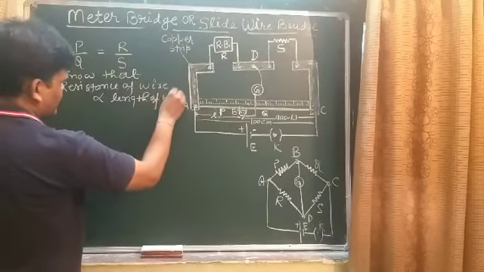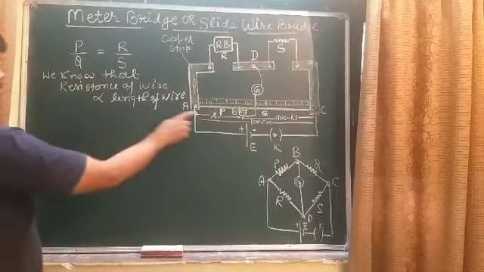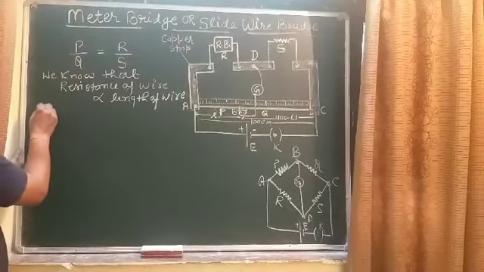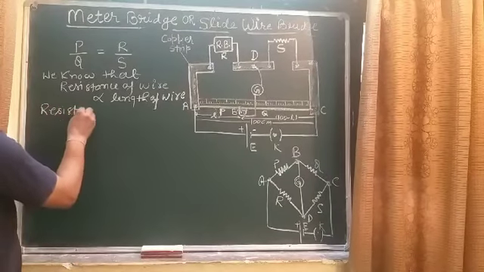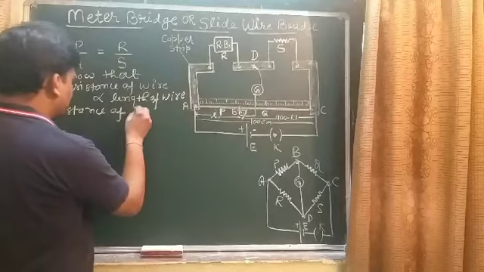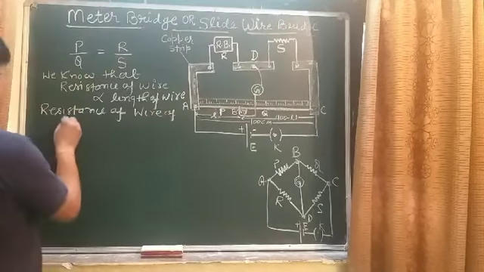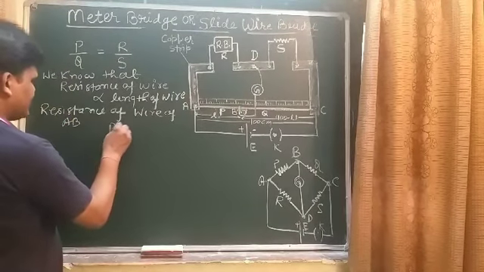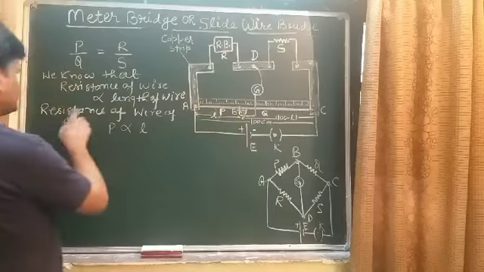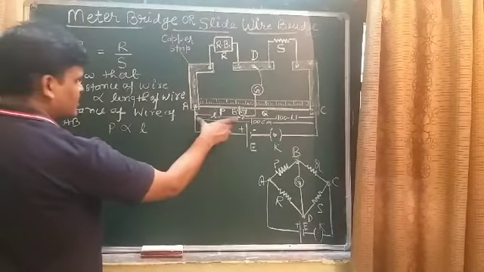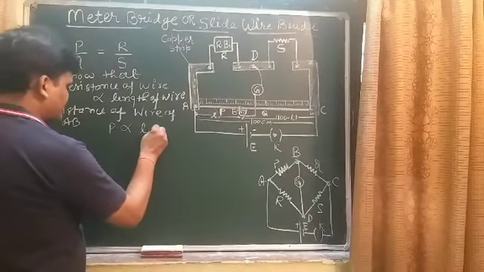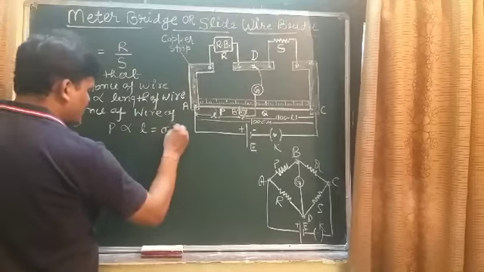So here the length AB has resistance P. So we can say that the resistance of wire AB, P, is directly proportional to L. The resistance of wire AB means this length of the wire, whose resistance is P, and P is directly proportional to L, because the length of AB is L, and we know that resistance is directly proportional to length. Removing the proportionality constant, it can be written as P equals sigma L.